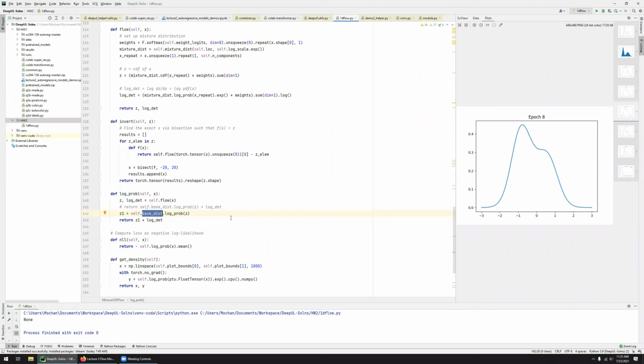So you take the log probability of Z because you have not yet taken the log, and then you pass that in and take samples from your base distribution corresponding to that, because you need to do the PZ of the f theta of xi.